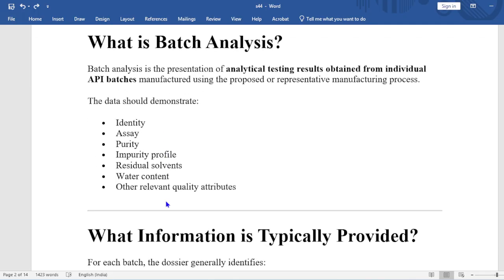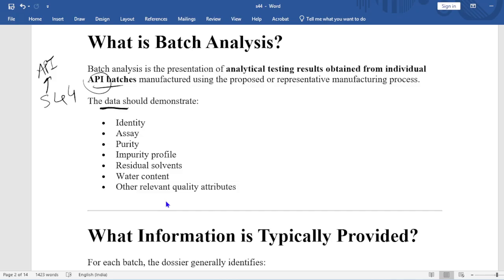Here we are talking about the API because we are discussing 3.2.S.4.4. S stands for substance, drug substance, that is API. When we discuss the P section, at that time we'll talk about the drug product batches.